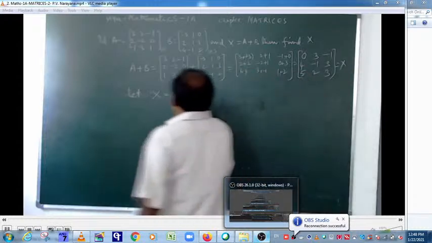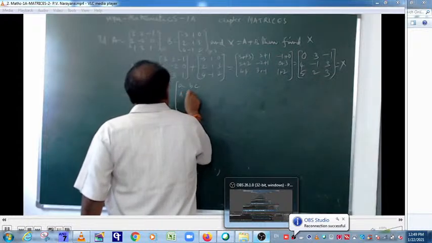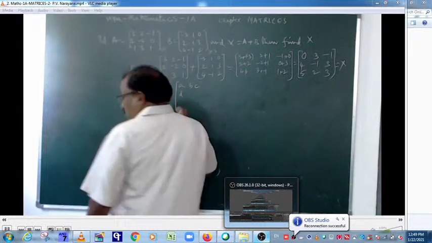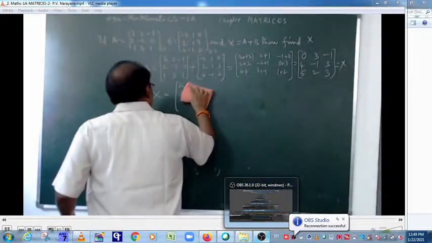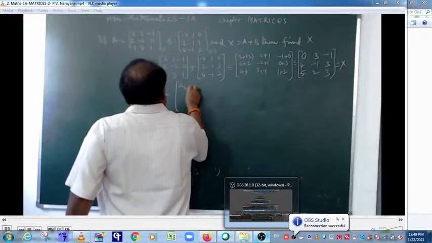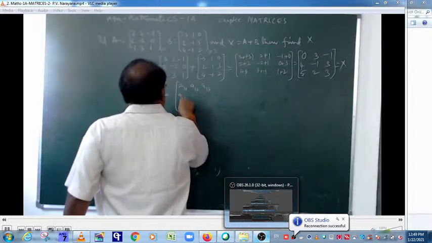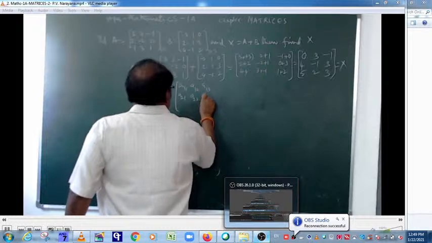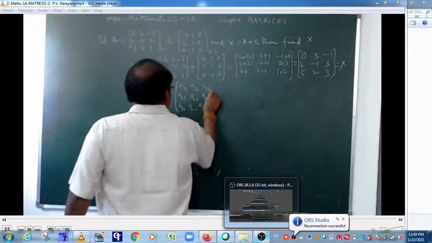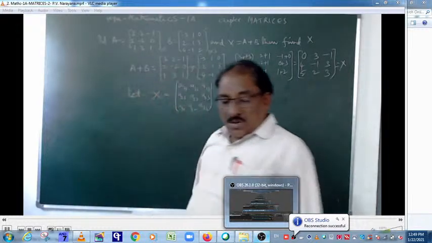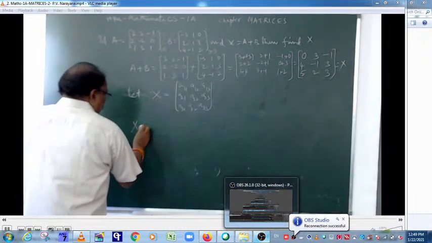That is X is equal to the matrix with entries A11, A12, A13, A21, A22, A23, A31, A32, A33. This is X. So X is equal to A plus B. It applies.